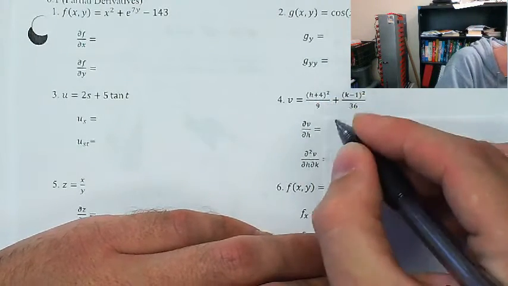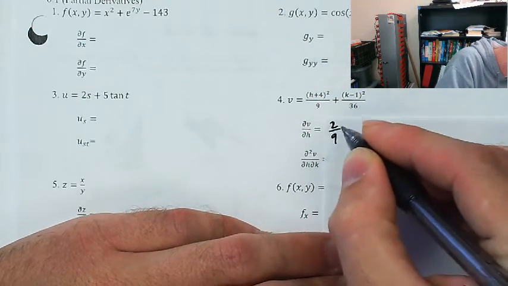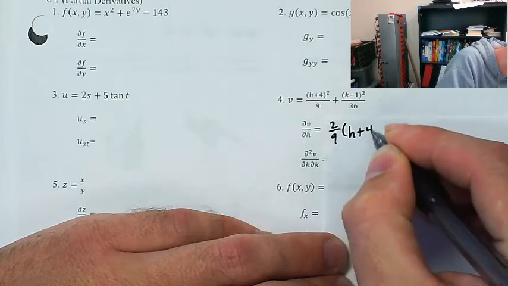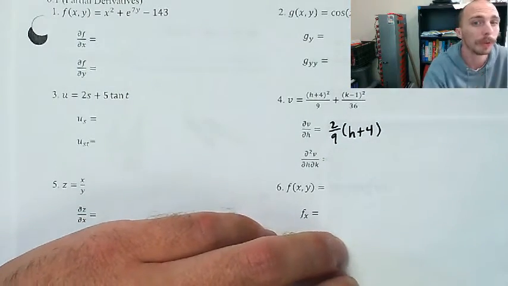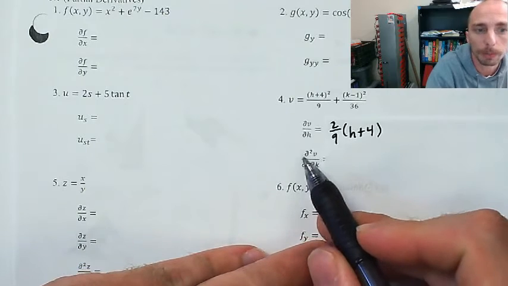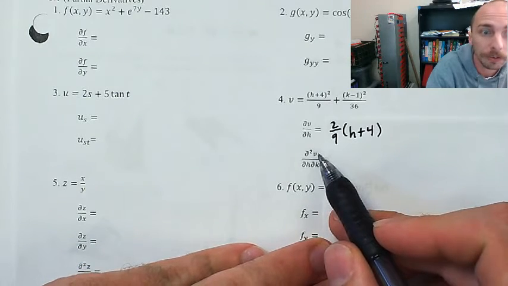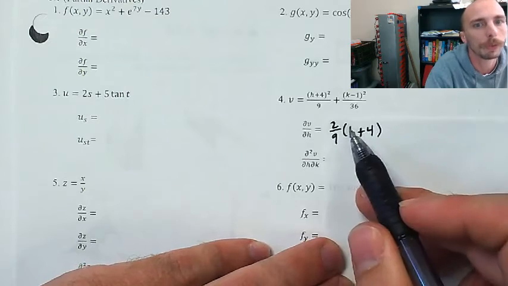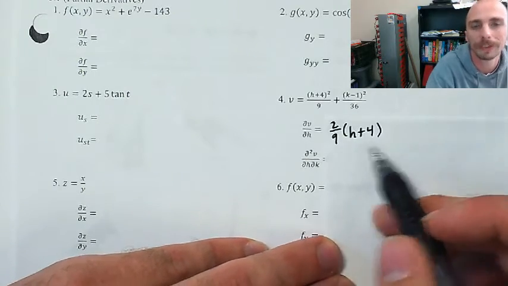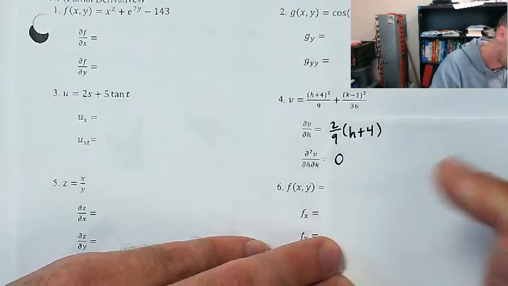So this would be 2/9 of h plus 4 to the first power, times the derivative of h plus 4 with respect to h, which is 1. Now this would be taking the partial of v twice, first with respect to h, then with respect to k. So I'm taking the derivative of this with respect to k. That's 0 because I see no k's in the formula.